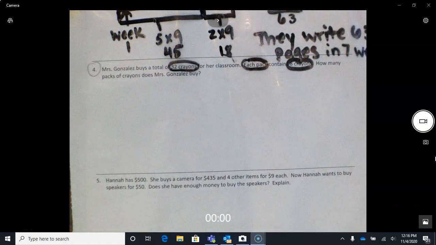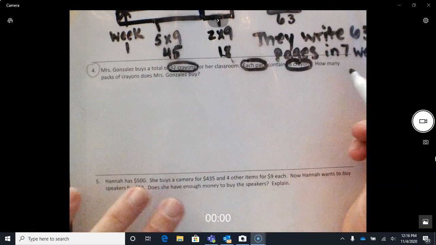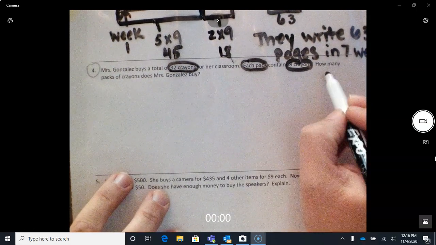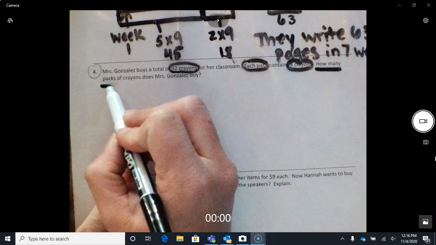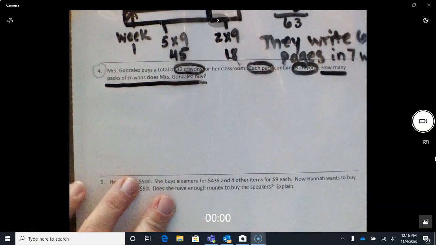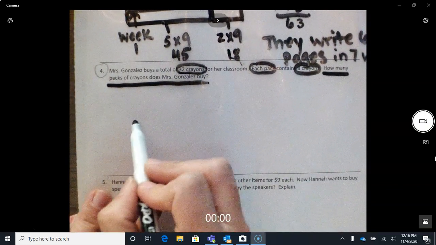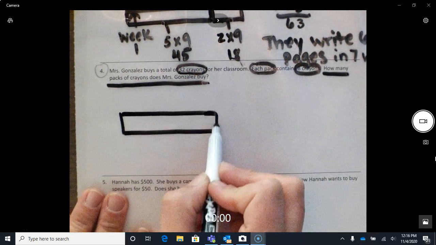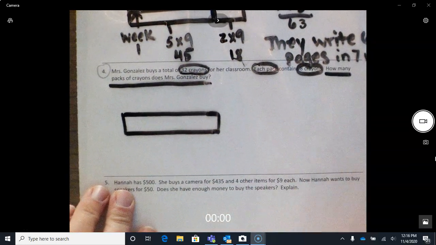So that makes me think, all right, a pack is a group of crayons. And then we need to underline our question. How many packs of crayons does Mrs. Gonzalez buy? Oh, so I don't know the number of groups. Remember, let's draw and set up our tape diagram first, and then solve.